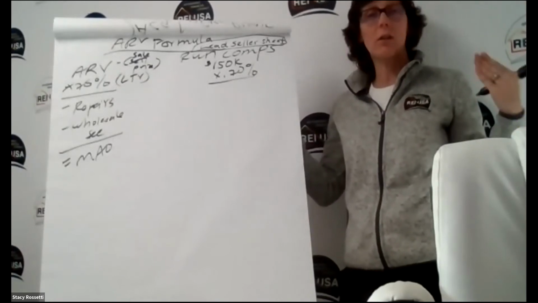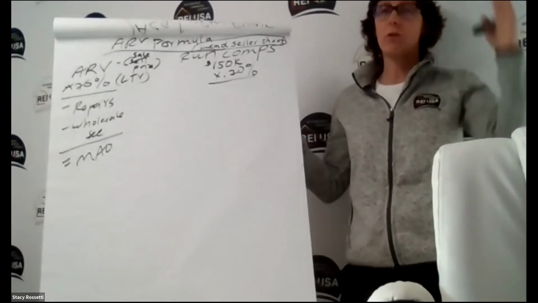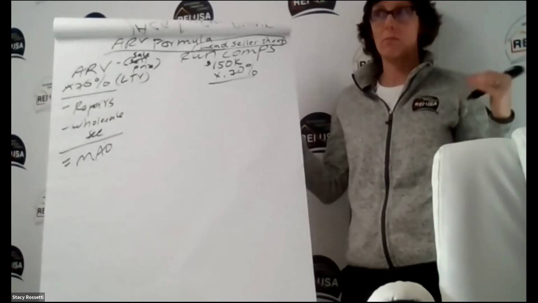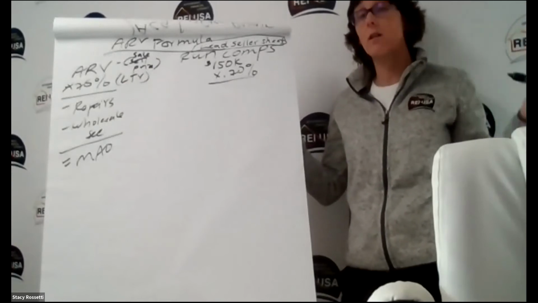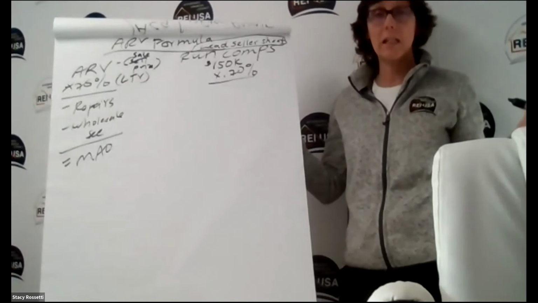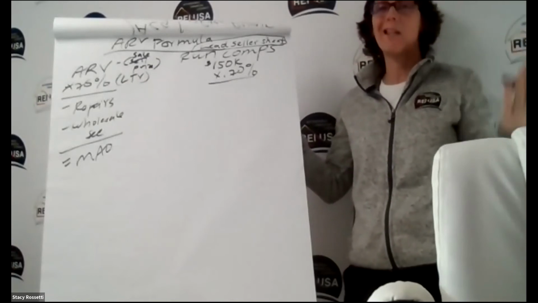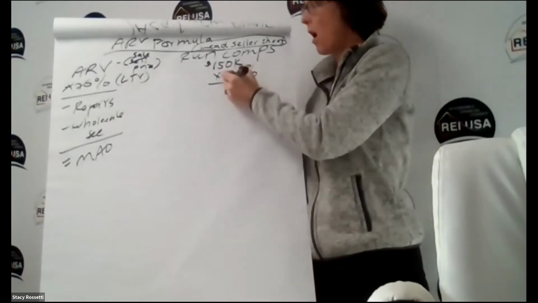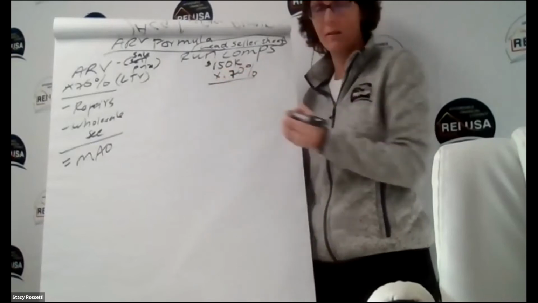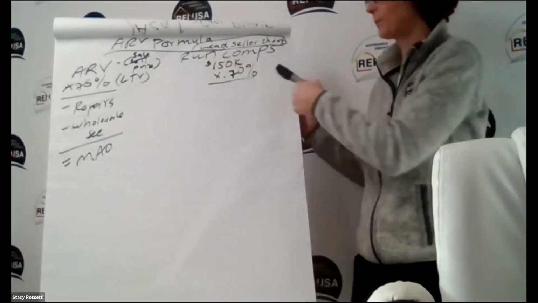You can ask whichever lenders you talk to, and you should be talking to all of them, especially on the sponsors directory, what their LTV is. Are you doing 65 cents on the dollar, 70 cents, 90 cents? The more money they lend you, the higher the interest rate is, just so you guys know. But on average, most of them are around 70%. So 70 cents on the dollar.